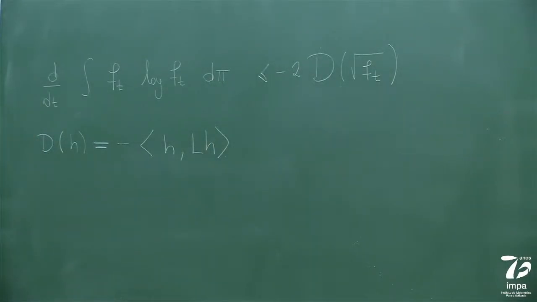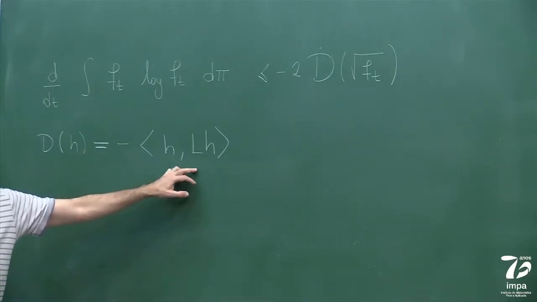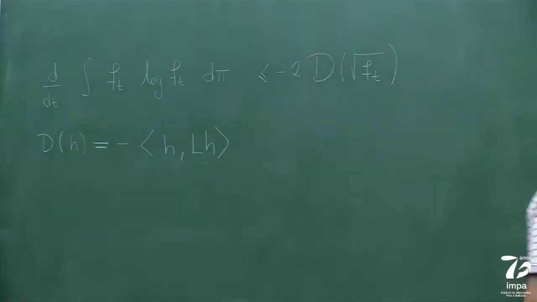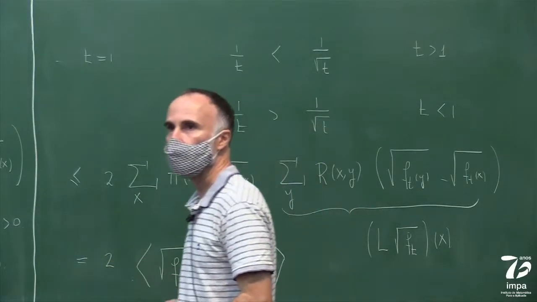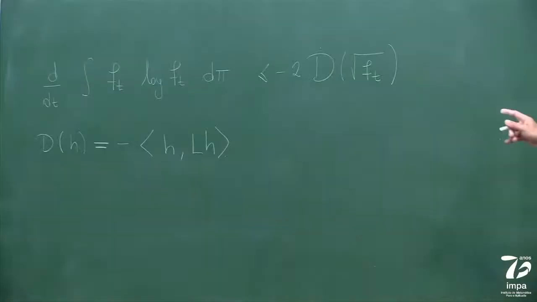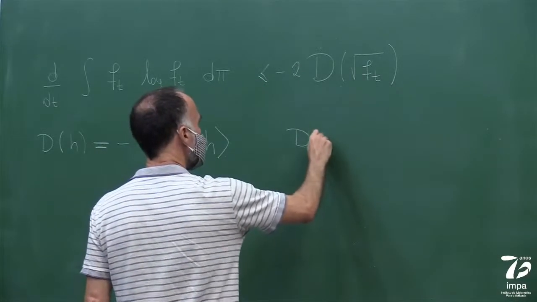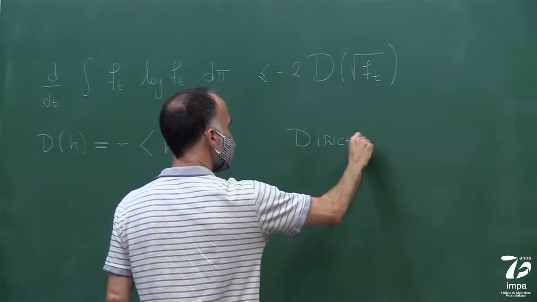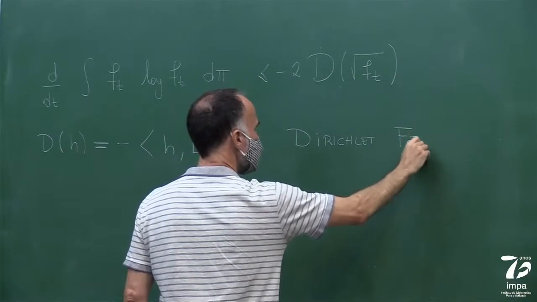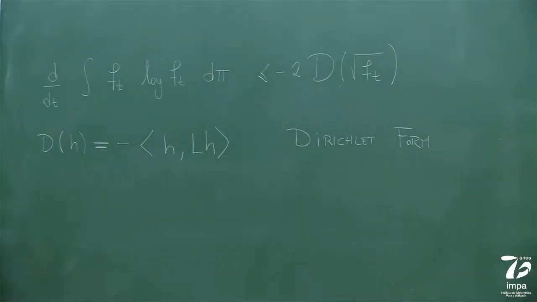And so this is what we proved. Mind that there is no minus sign, so I multiply by a minus to get that this is true. Okay, so this is called the Dirichlet form. And what we proved is that the derivative of the entropy is bounded by minus 2 times the Dirichlet form of square root of f.